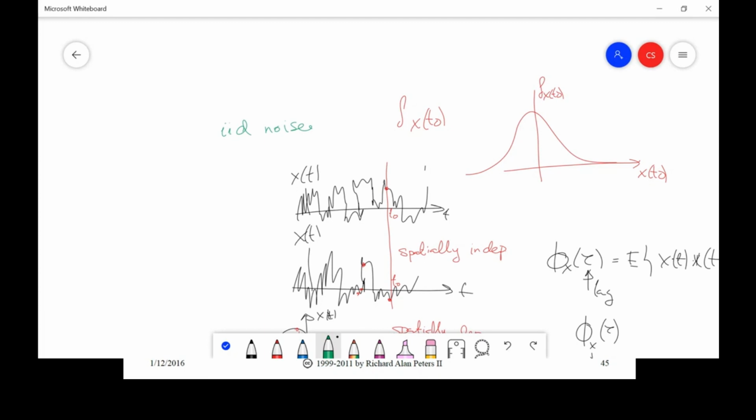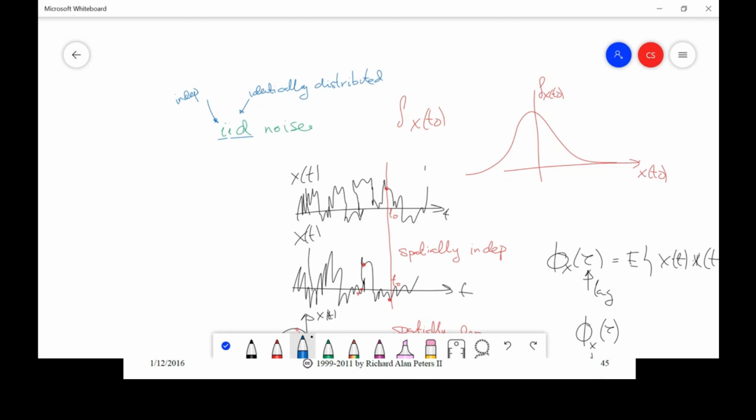No? Okay. So it has two parts. The first one is independent. The second one is identically distributed. And now we understand what it means.